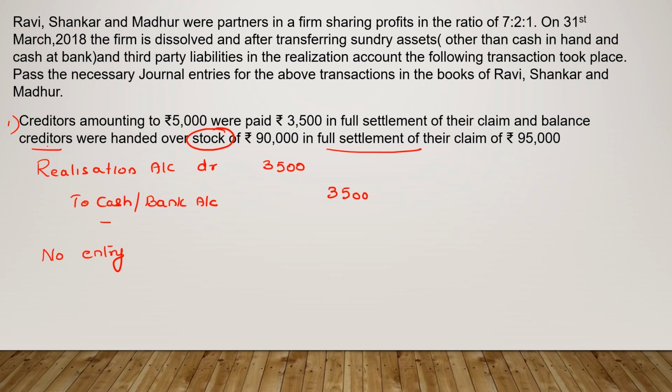Because creditors at book value would have been credited to realization account, and this stock of 90,000 is on the debit side of realization account at book value. So automatically the net effect of 5,000 will come to the credit of realization account. That is why, any time they give you a transaction that creditors were handed over some asset in full settlement of the claim, remember you are not supposed to pass any entry for that. There will be no entry.